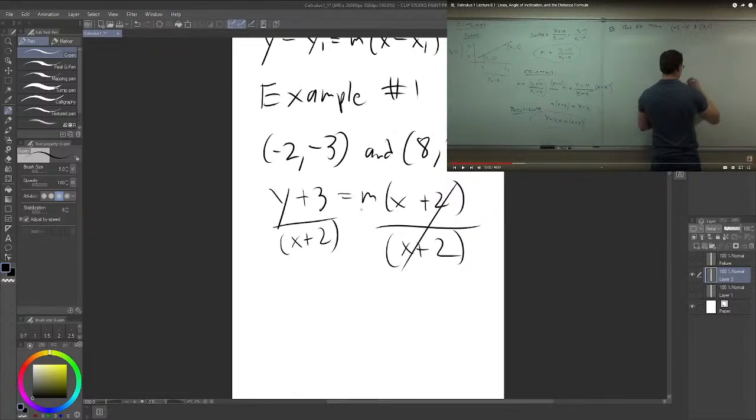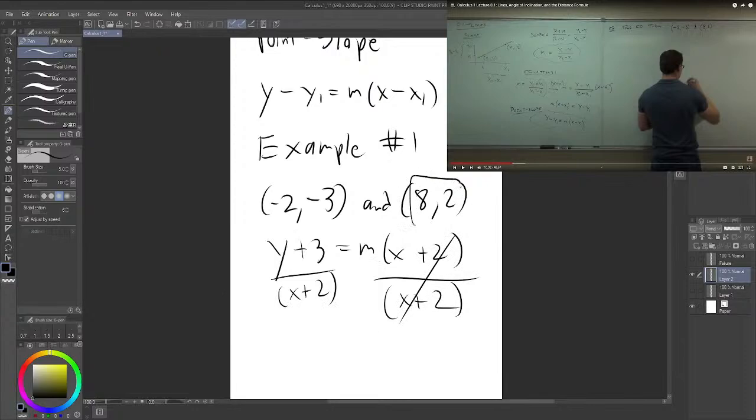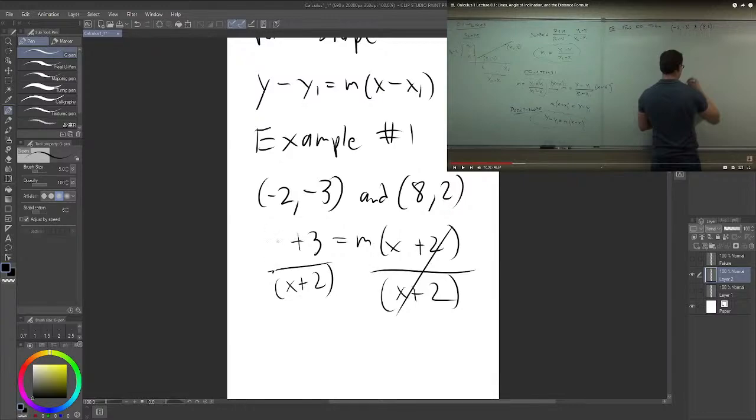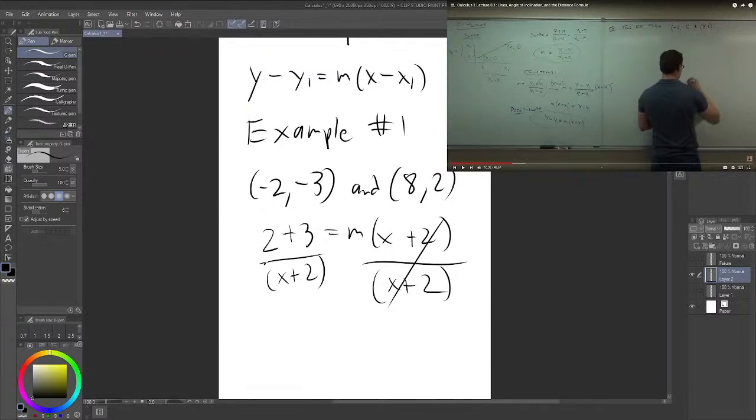Oh, can I plug in this point into this? I'm just gonna do that. So y, so 2, and then x, so 8.